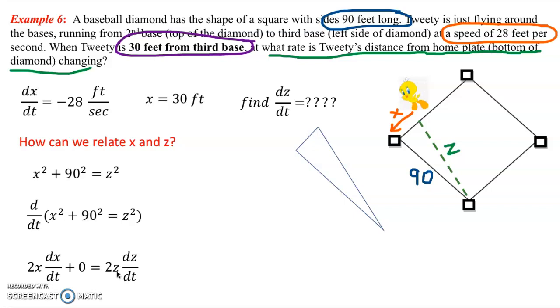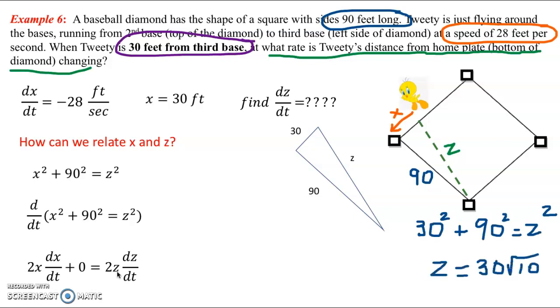Now it wasn't given to me, but I can find it. At this particular point in time, we know that x is equal to 30. I know that this side of the triangle is equal to 90, and this side would equal z. So at this particular point in time, I can use the Pythagorean Theorem to get my value for z.